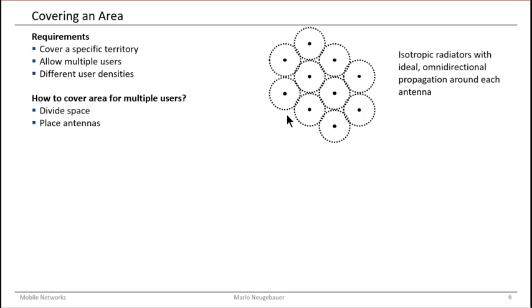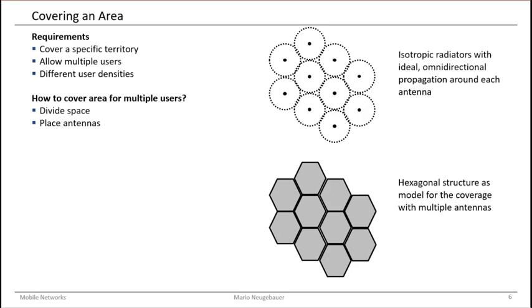And actually, as I said before, we don't have this isotropic radiator as in the ideal world, but we have real antennas, which form this kind of hexagonal structure in our mobile network. That means the antenna is here in the center of such a hexagonal shape.